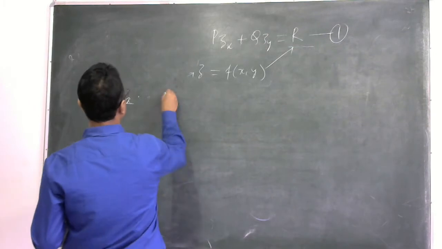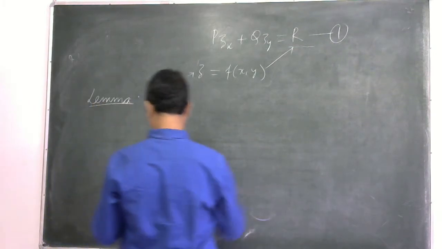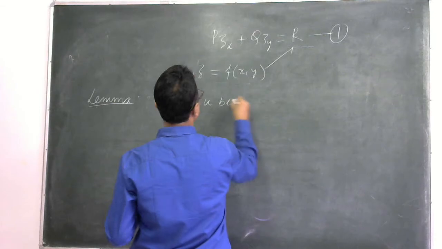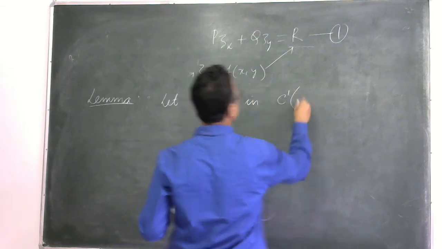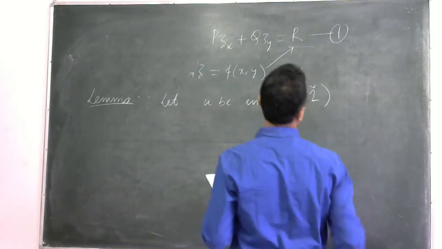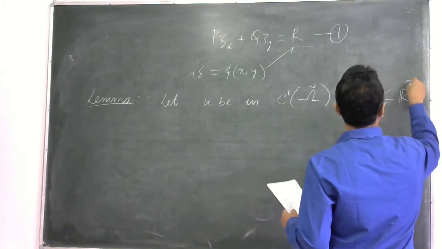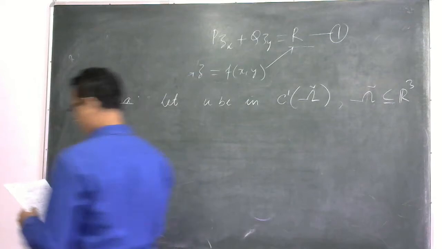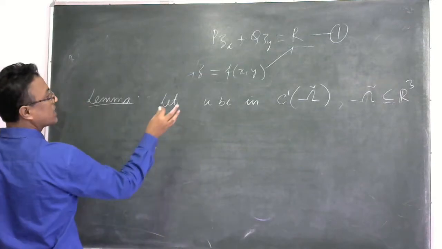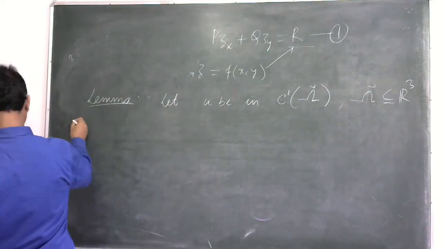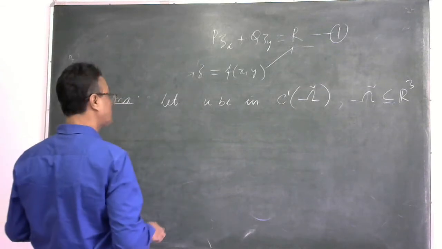Okay, so let u be in C1 of omega tilde, and of course omega tilde is some region in R3.